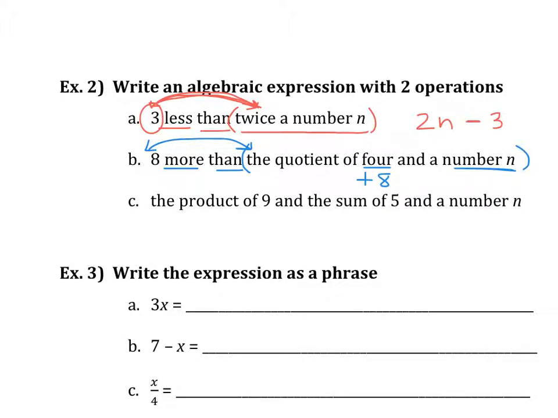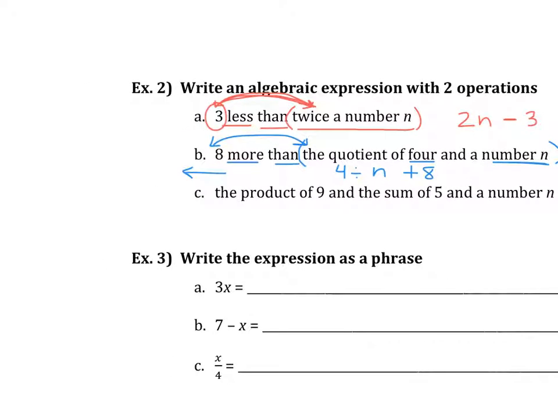So you can either write it as 4 divided by n plus 8, or I'm going to write this one over here so it doesn't run out of room. You could write it as 4 over n plus 8. Okay, so either one of those is great. Choose the one that makes more sense to you. Any questions on B there?